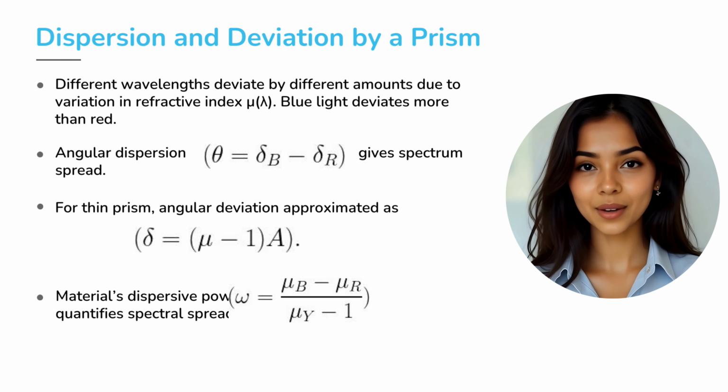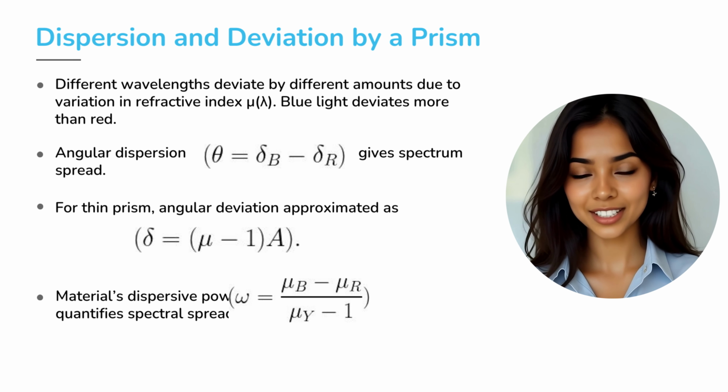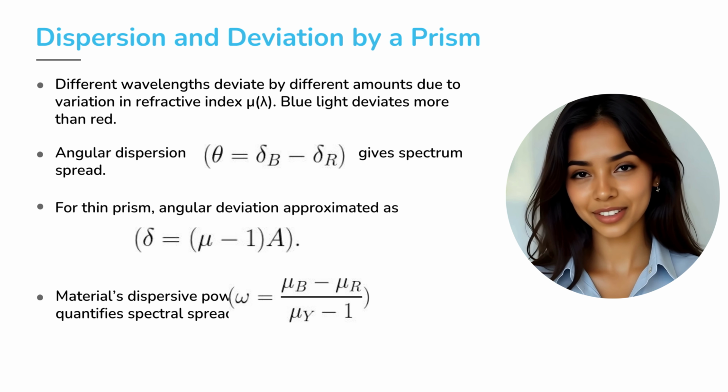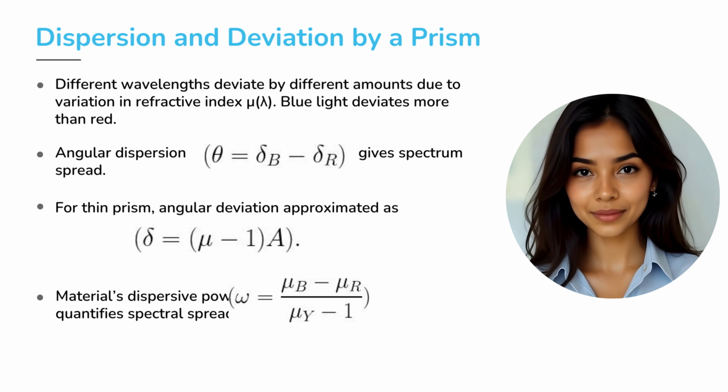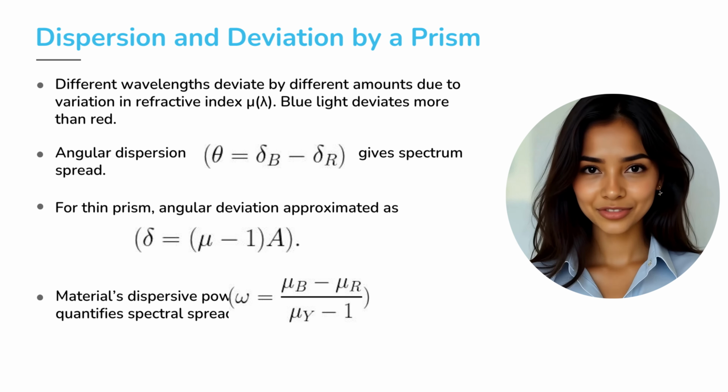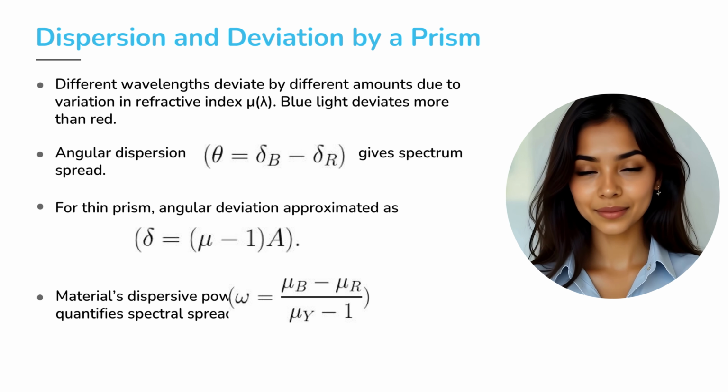To understand how efficiently a material spreads light into its colors, we use a term called dispersive power, symbolized by omega. It is calculated as the difference between the refractive indices for blue and red light divided by the difference between the refractive index for yellow light and 1.